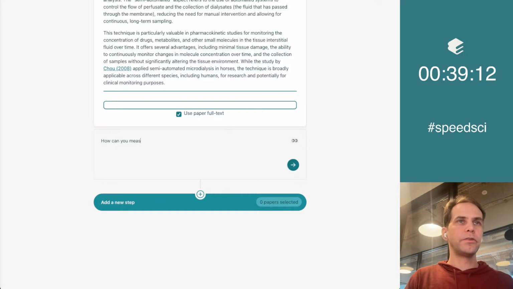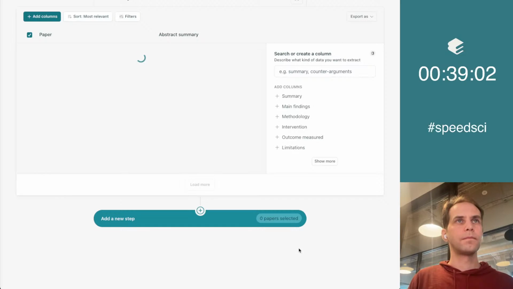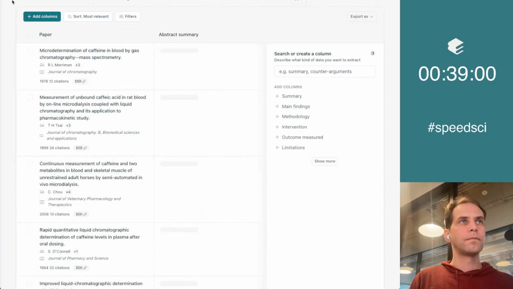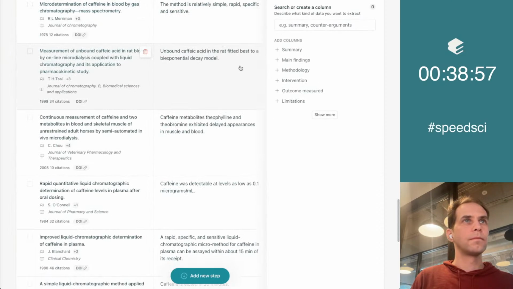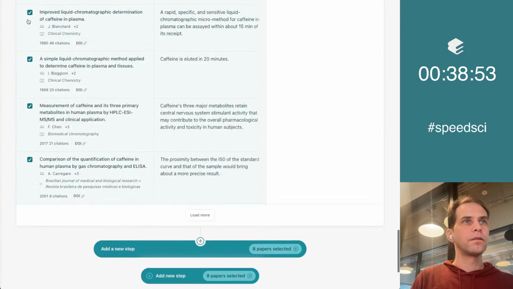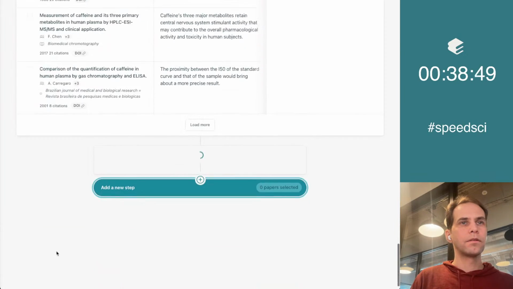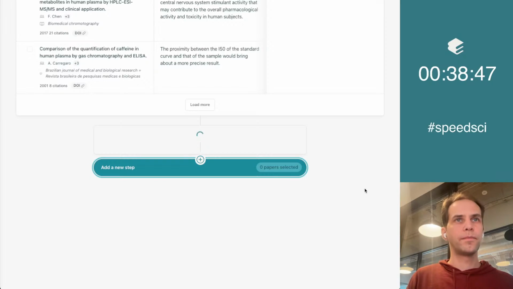How can you measure caffeine levels in the blood? Okay, and we can maybe do a quick summary of these, just so we get a narrative overview.